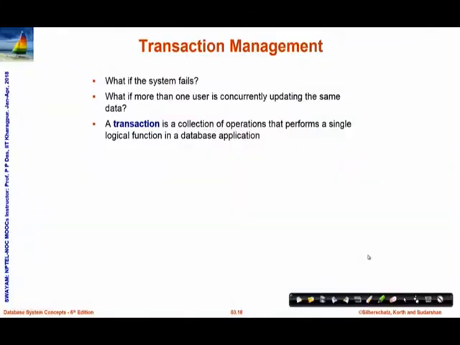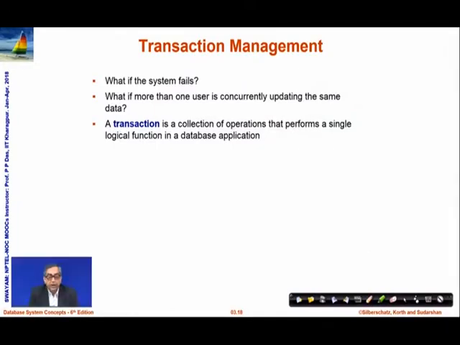A transaction is a collection of operations that performs a single logical function in a database application. This is very, very critical. It does not do anything and everything, it just does a single particular logical operation, and that is what forms the transaction.